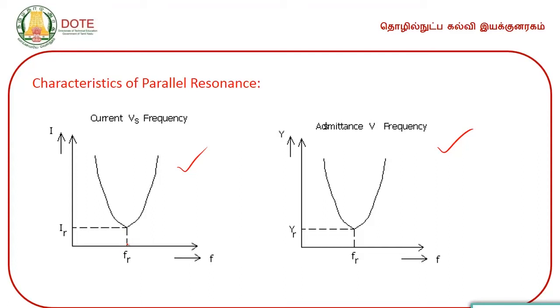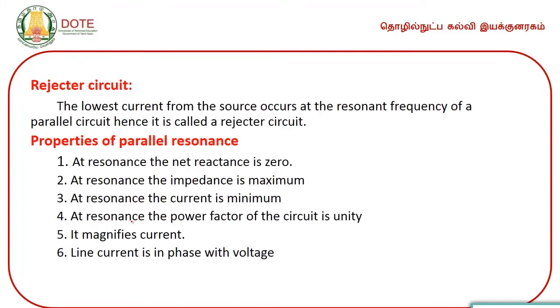So, exactly at the resonance frequency the current is minimum. So, this is also called a rejector circuit. The lowest current from the source occurs at the resonance frequency of a parallel circuit, hence it is called a rejector circuit.